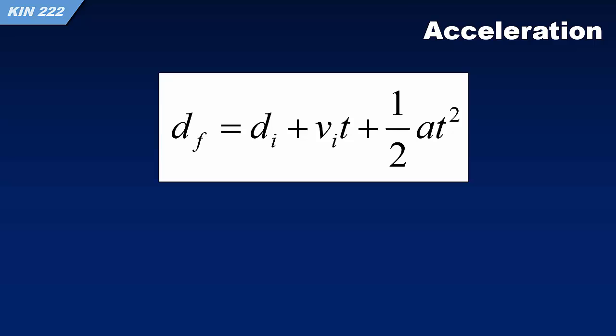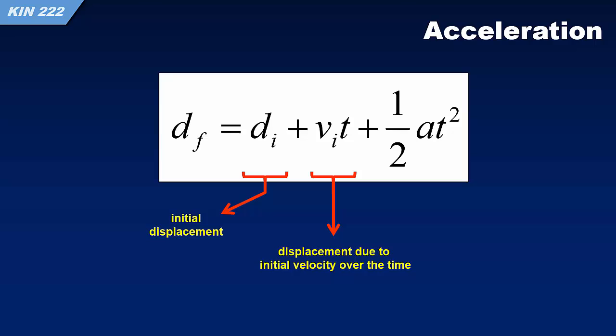Now, the derivation of this formula is beyond the scope of what we want to do in this course. But if you take a look at this formula, it's very similar to the previous one, and you can see that the final displacement is actually made up of three components. It's made up of the initial displacement, plus a displacement due to any initial velocity times the amount of time that the event took place, or the delta t, plus a component that takes into account the fact that we have acceleration, or a changing velocity.